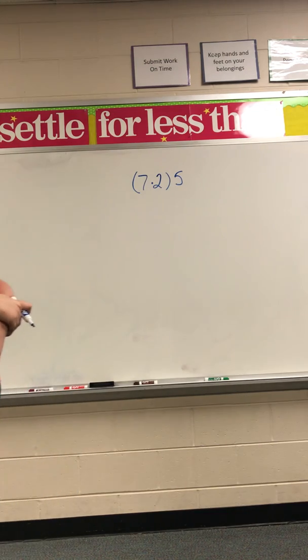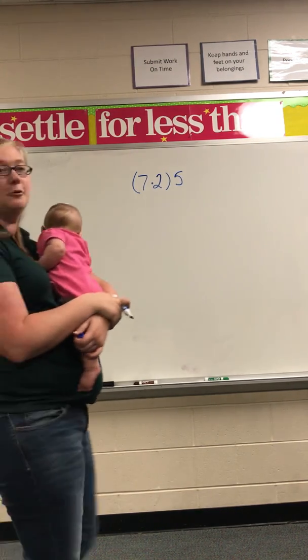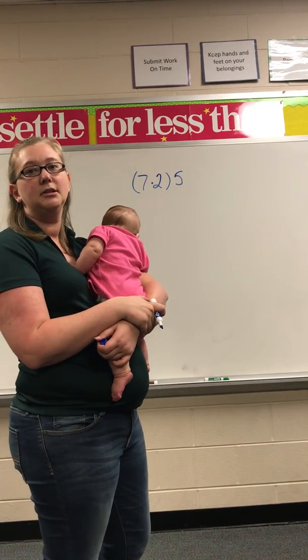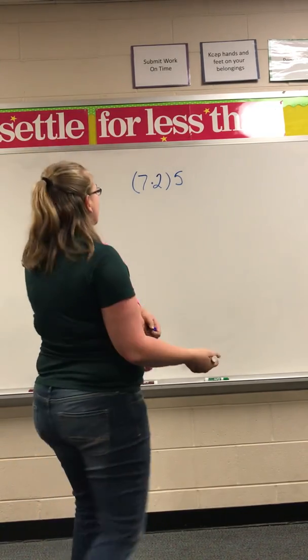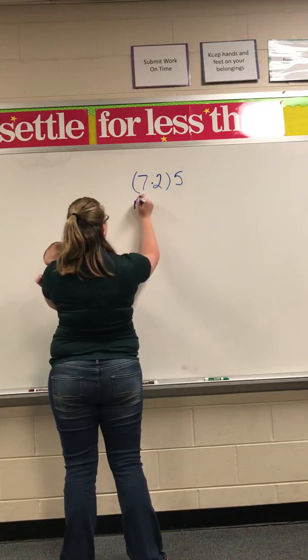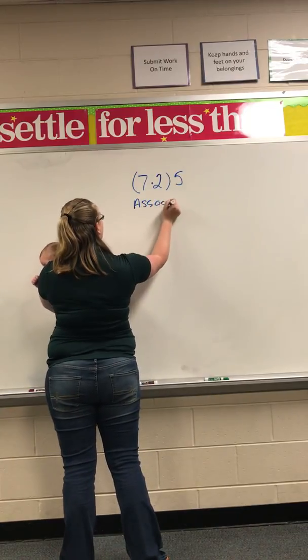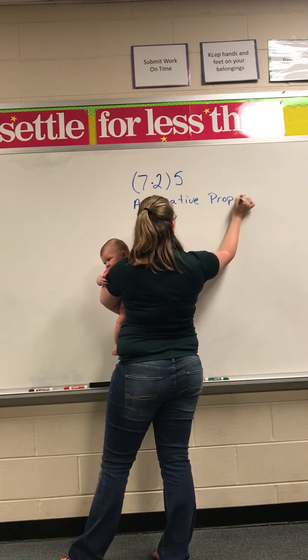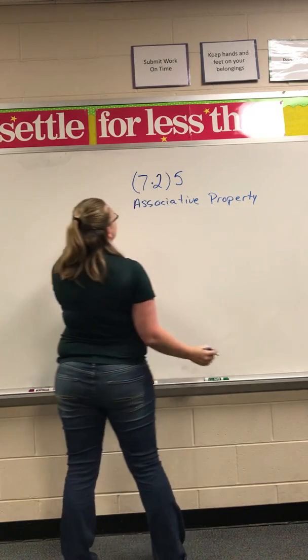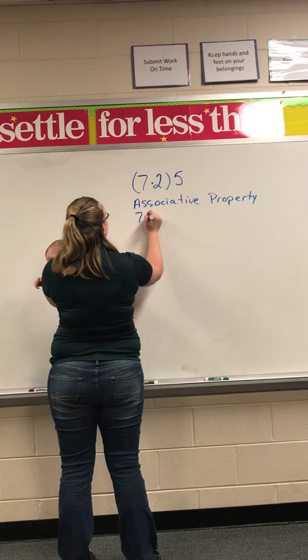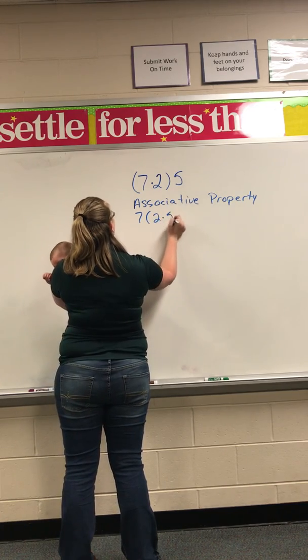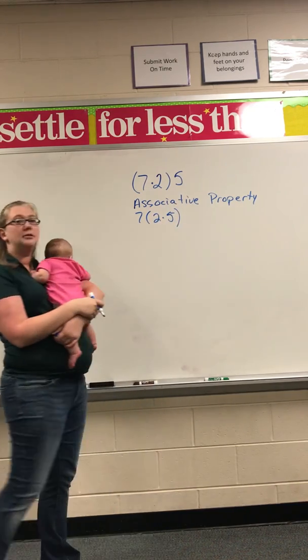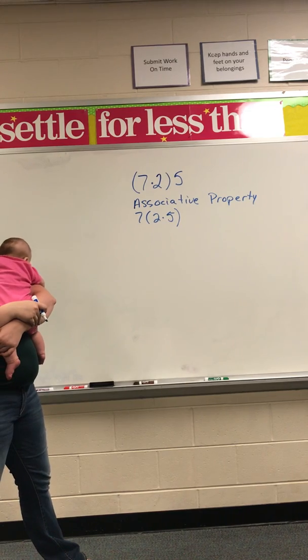Okay? Now, we know that 7 times 2 is 14. Anybody know what 14 times 5 is off the top of their head? I don't. So, I'm going to use the associative property, which says that I can take 7 times the quantity, 2 times 5, and I can move my parentheses.